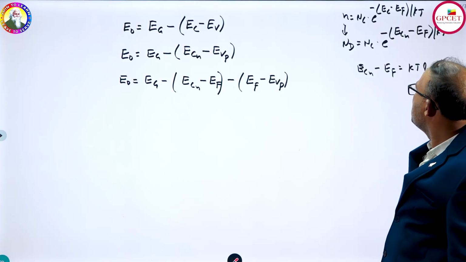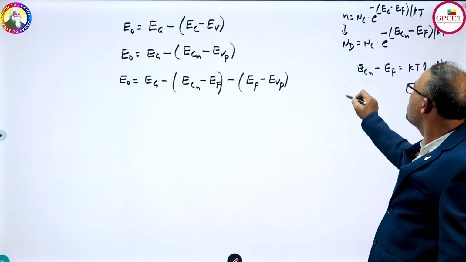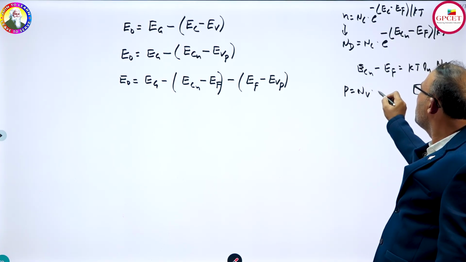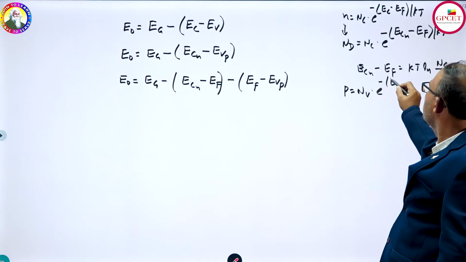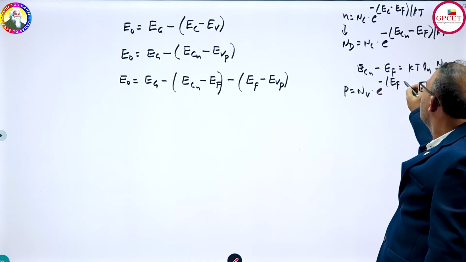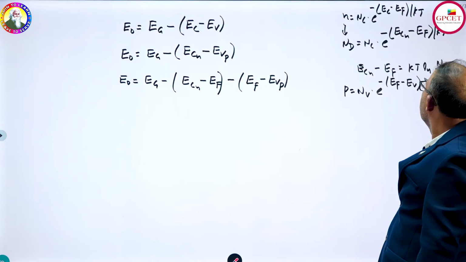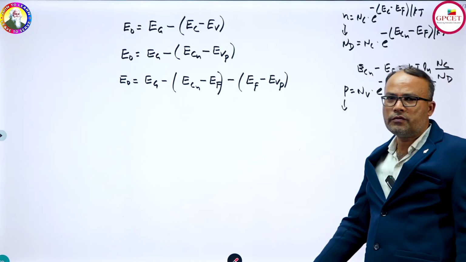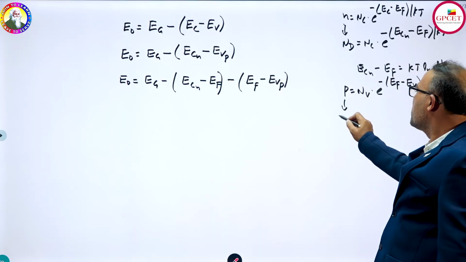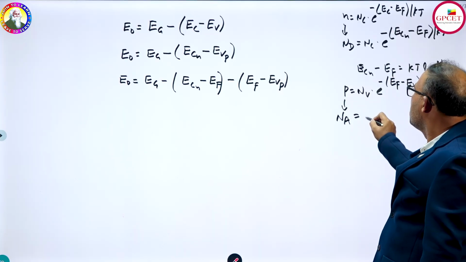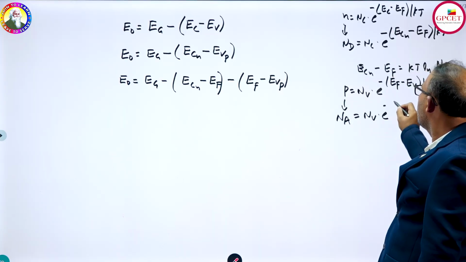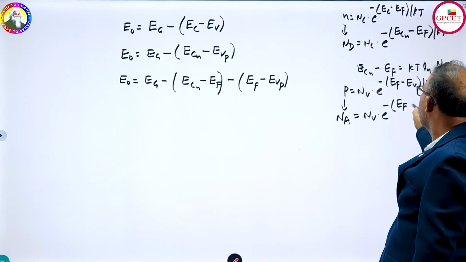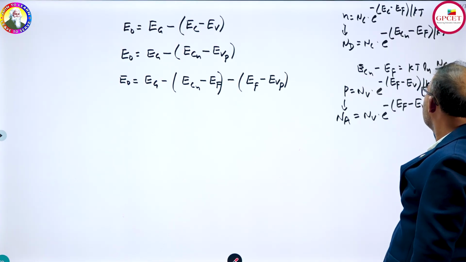Similarly, for a p-type semiconductor, p is equal to Nv e power minus (Ef minus Ev) divided by kT. So p is the acceptor concentration for a p-type semiconductor, so I can write this as Na, that is equal to Nv e power minus (Ef minus Evp) divided by kT.